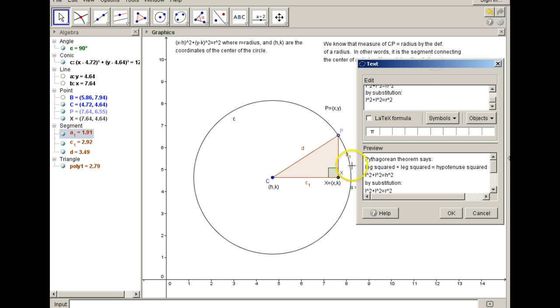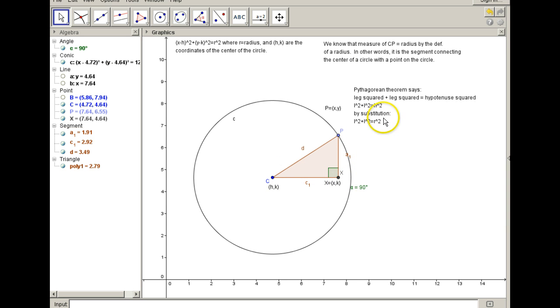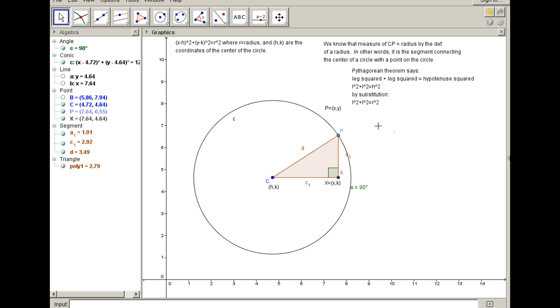Okay, now what's next? We've got to figure out what the length of this would be. So the first leg is going to be leg CX.